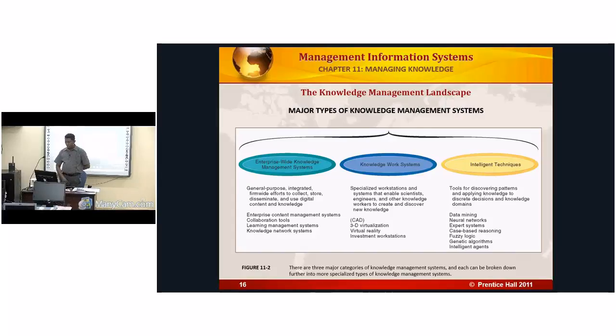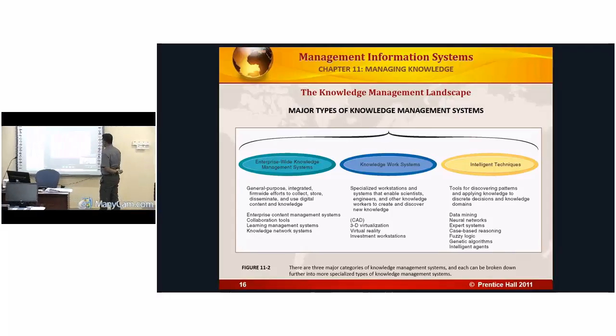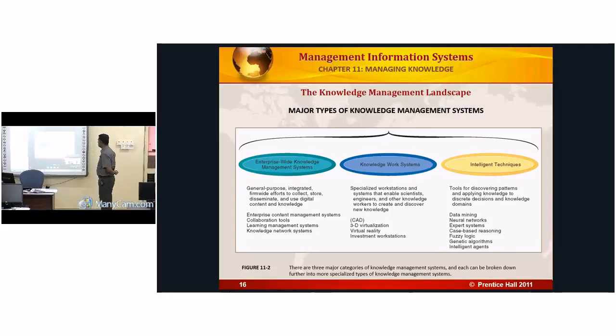So those are the major types of knowledge management systems. We have enterprise-wide knowledge management systems, knowledge work systems, and intelligent techniques. Enterprise-wide knowledge management systems are general purpose, integrated firm-wide efforts to collect, store, disseminate and use digital content and knowledge.